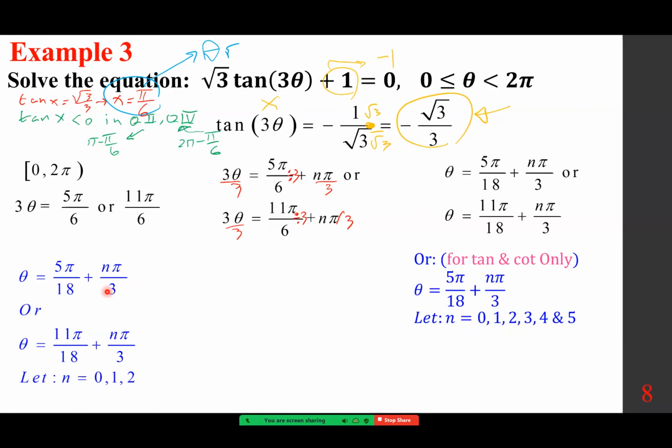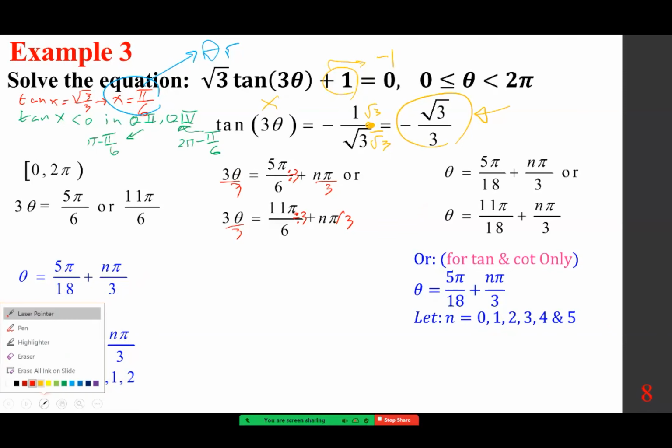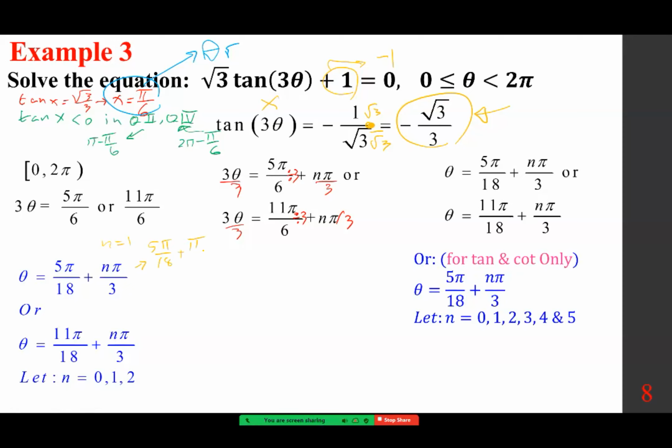Let's start with 0. When you plug in 0, everybody can see that if I replace the n with 0, one of the answers is 5 pi over 18. One of them is 11 pi over 18. I hope you see that n is 0. I want to show you what happens when n is 1. So if I choose n equals 1, I get 5 pi over 18 plus n, which is 1, times pi over 3.